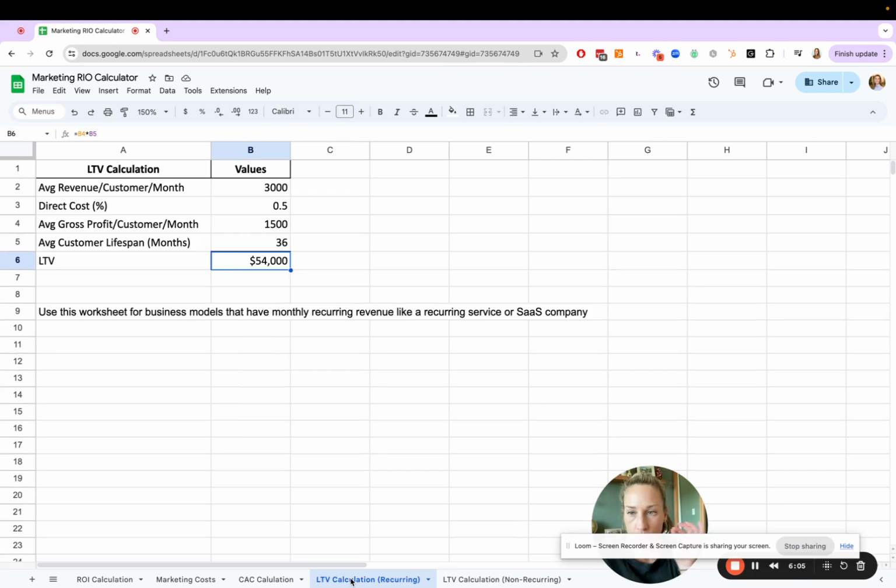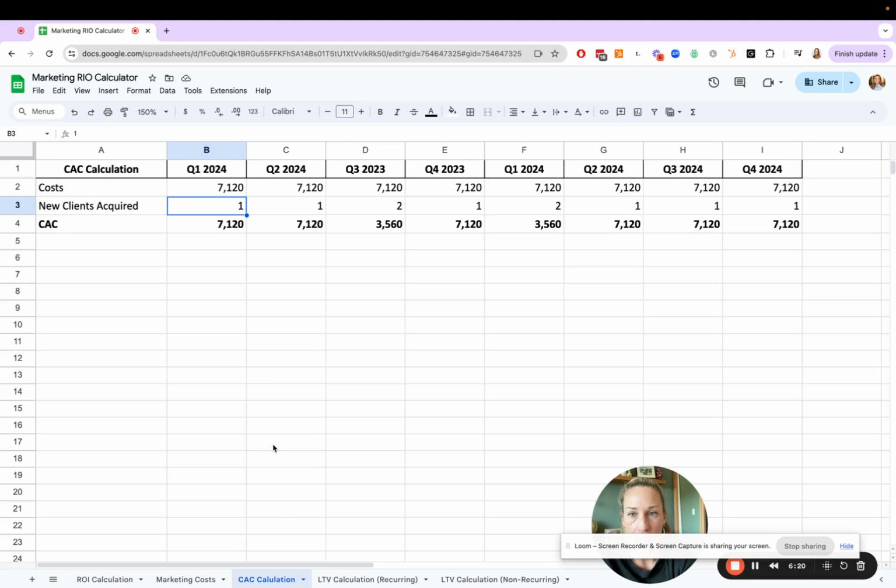Okay, so once we know the lifetime value of a customer, we need to understand the customer acquisition cost. How much does it cost us to acquire that one customer that is worth $54,000? So on our CAC calculation tab here, you can see I've taken that $7,000 that we calculated on the first tab, the marketing cost. Realistically, that $7,000 isn't going to be $7,000 every month.